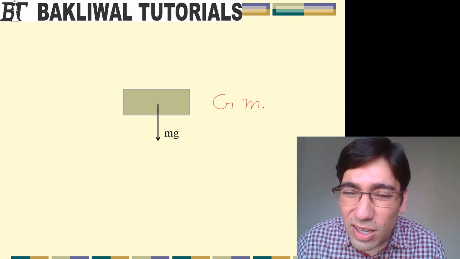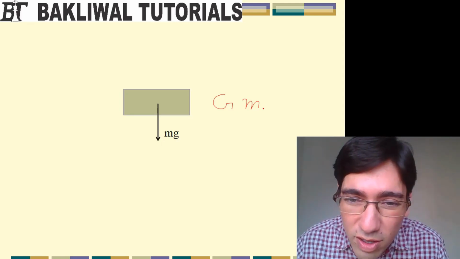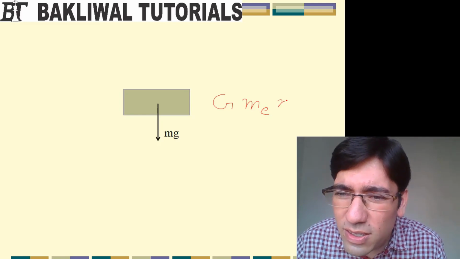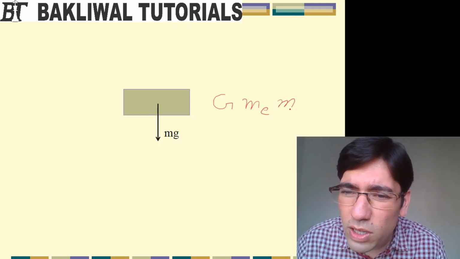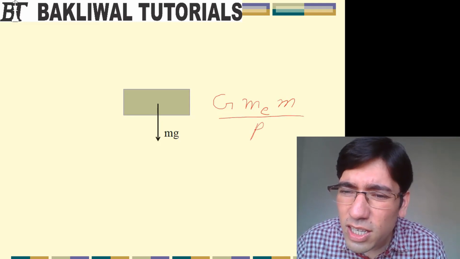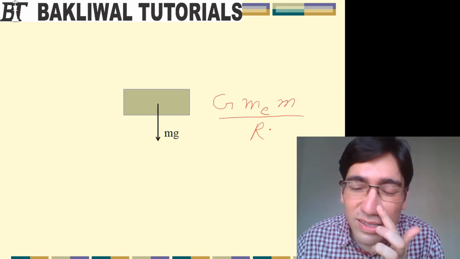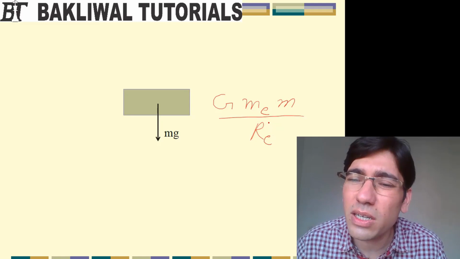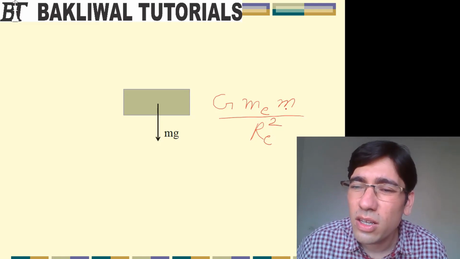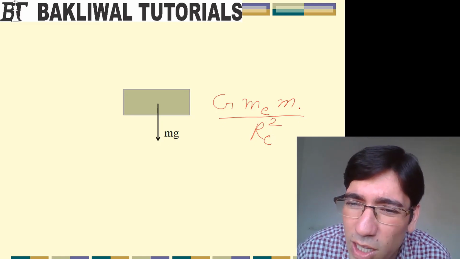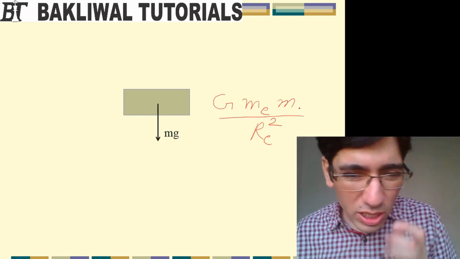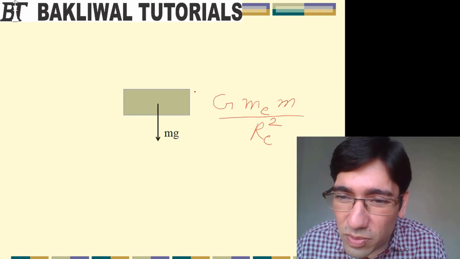So in this case, the gravitational force on the block by the earth should ideally come out to be something like this: capital G into mass of earth into mass of the block upon the distance between their centers. That is, the block center and the earth center, which is practically nothing but the radius of the earth, squared. Should the gravitational force between the block and the earth not be same as this term instead of mg, the way a few of you have written?